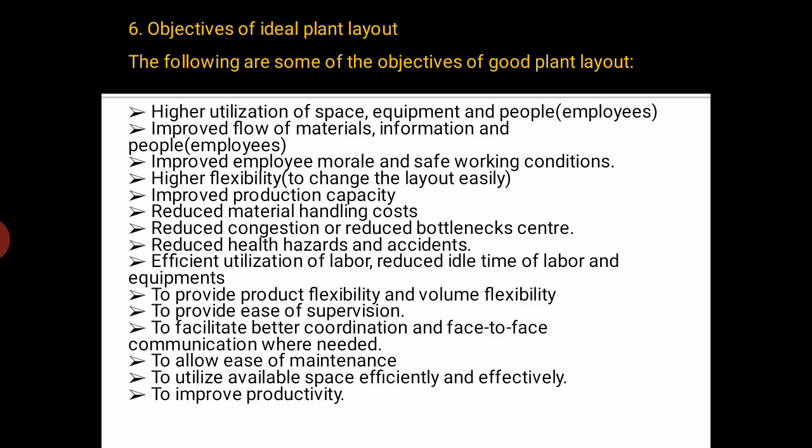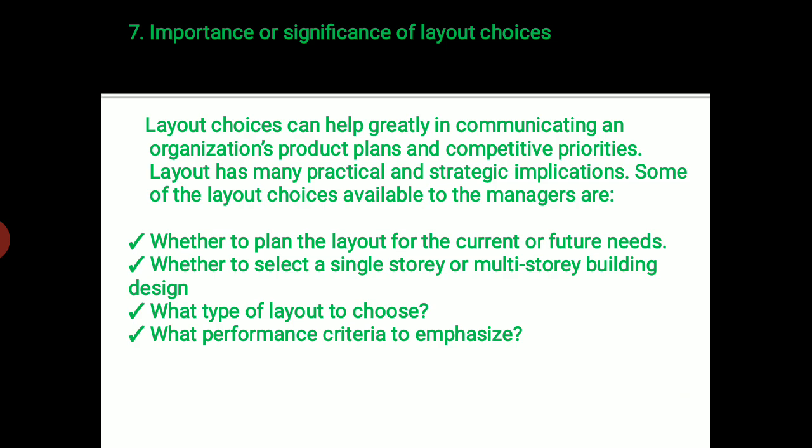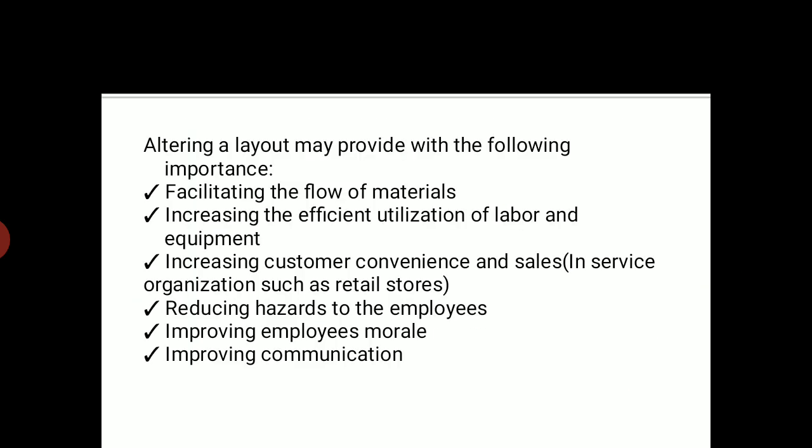So whatever we have mentioned here, or whatever we have studied under the different points, they tell us about the objectives of the plant layout, the purpose of the plant layout, or its aims also. All right, next what we are going to deal with is the importance. There are many importances of layout choices that we'll be saying here.